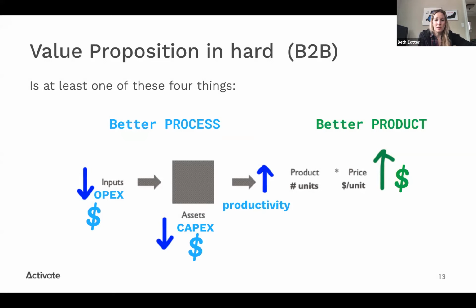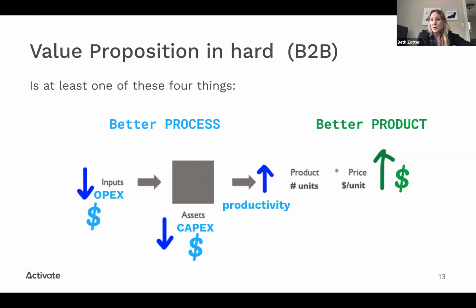So the first 2, the 2 on the left, are cost reduction, right? The first one is just a straight OpEx reduction. Either you're saving them labor, you're saving them energy, or materials costs. The second one is you're providing them with a way to lower their CapEx, their capital cost. And those are both cost reduction value propositions.